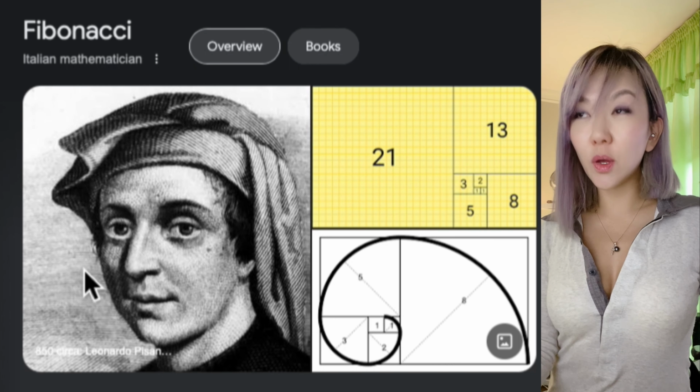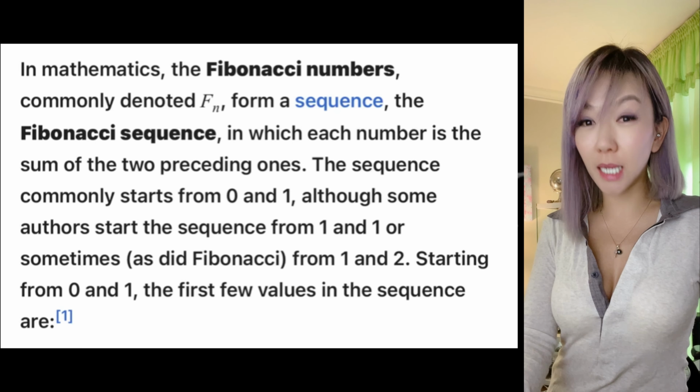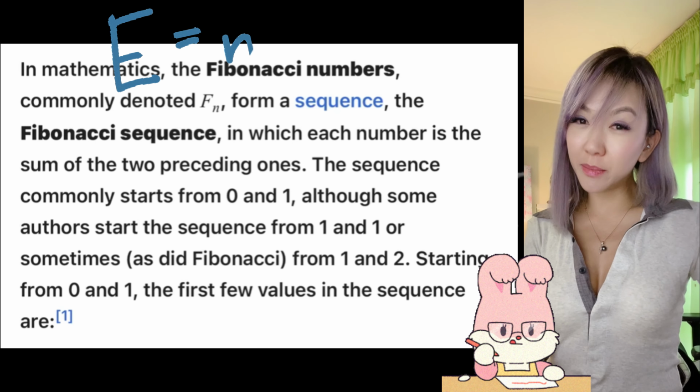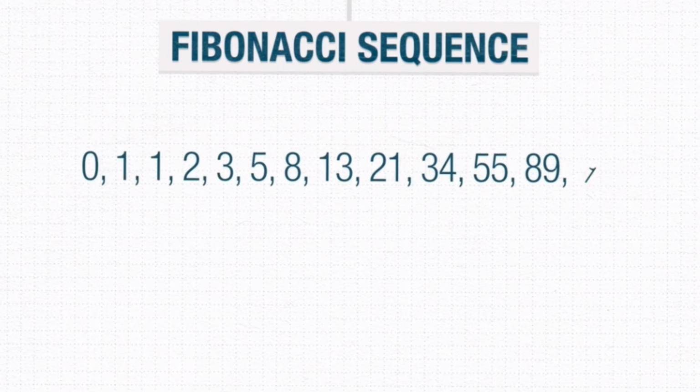So first off, what is Fibonacci, right? Fibonacci is an Italian mathematician. You know, I'm a math nerd. He created the sequence of numbers starting with 0 and 1, and it steadily increases, and it's the sum equal to the sum of the preceding two numbers.